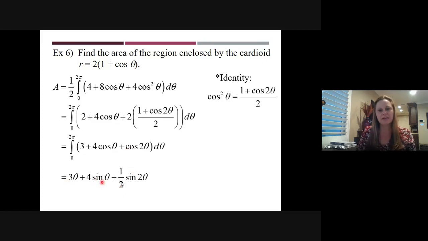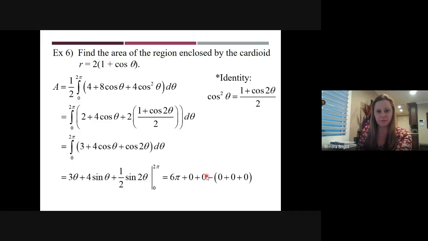We're evaluating it from 0 to 2 pi. Remember, you plug in the upper limit first, so plugging in 2 pi first, you'll have 3 times 2 pi, which is 6 pi. Sine of 2 pi is 0. Sine of 4 pi, also 0.